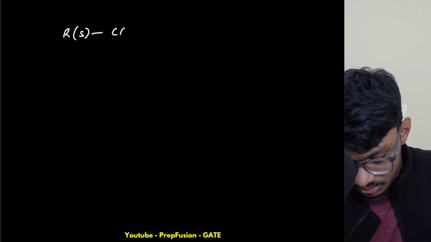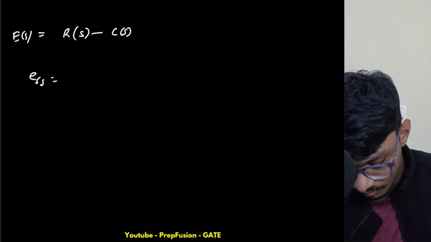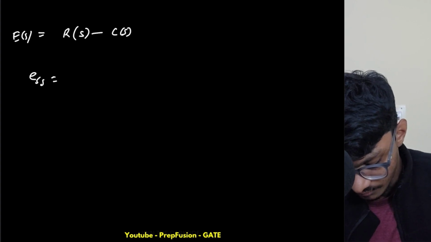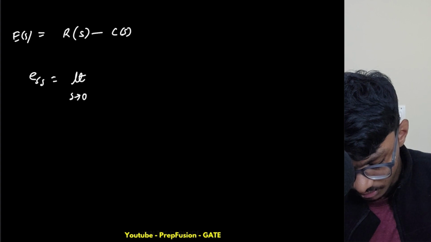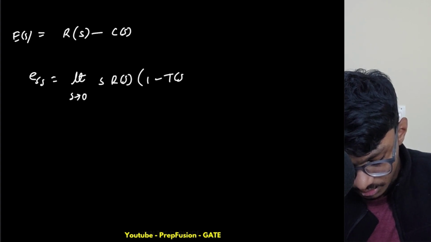If you recall correctly, R(s) minus C(s) equals my error, and my steady state error will be, by the final value theorem, limit s tends to 0 of s R(s) times 1 minus T(s).